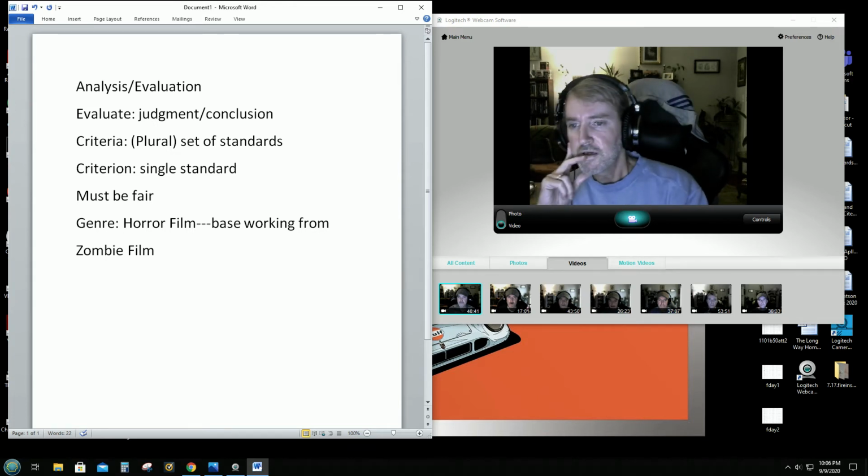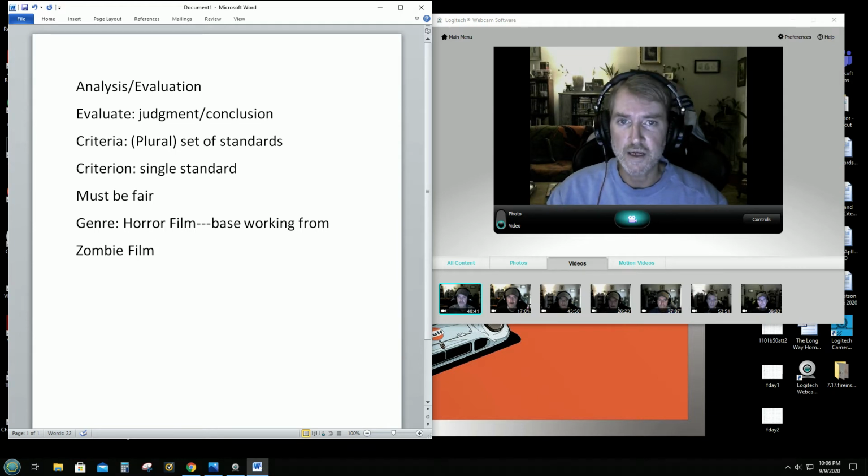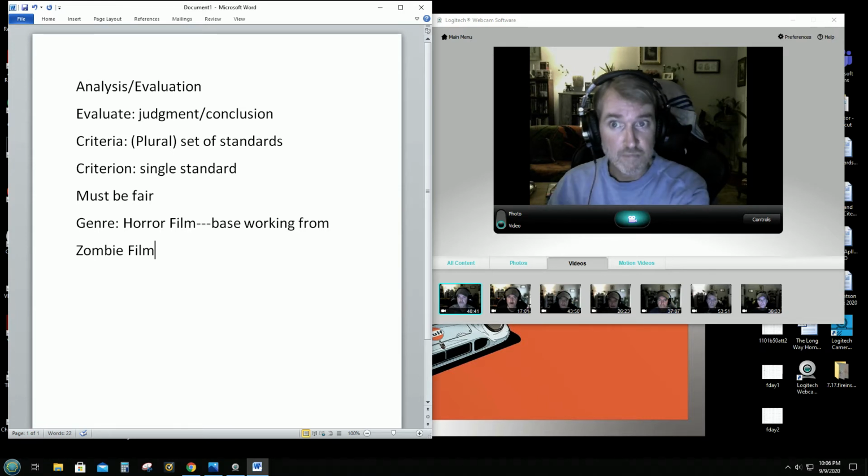So anyway, the basic genre is that it's a horror film. More specifically, it's a zombie movie. So that's my base. That's what I'm working from. So I can't say that this is a horrible movie because there are no spaceships and laser battles, because it has nothing to do with that. It takes place in the 1980s in the United States on planet Earth.